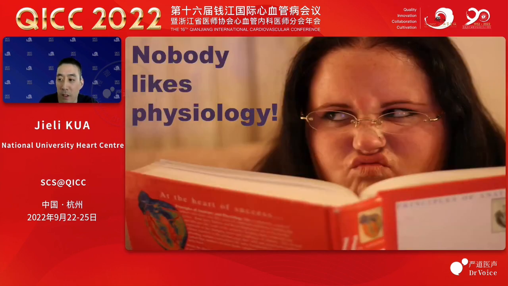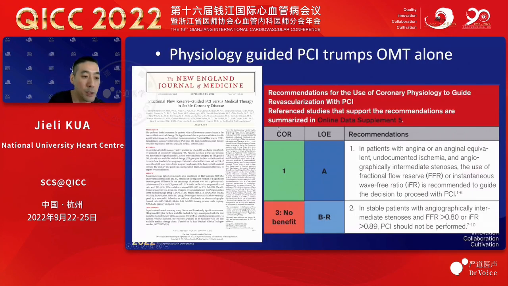Nobody likes physiology, myself included, but I do think it is a very important part of interventional cardiology, because before we intervene on any lesion, it's important to know whether it needs to be intervened on in the first place. The famous FAME 2 trial shows that FFR-guided PCI trumps optimal medical therapy alone.